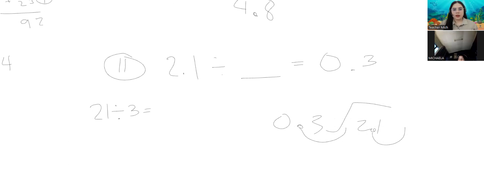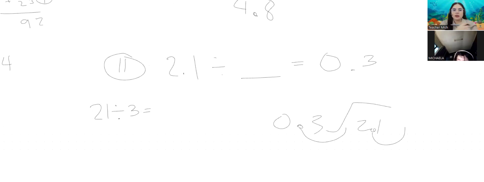We can do the skip counting again, anak. 3, 6, 9, 12, 15, 18, 21. What's next after 18? 18 plus 3 is 21.